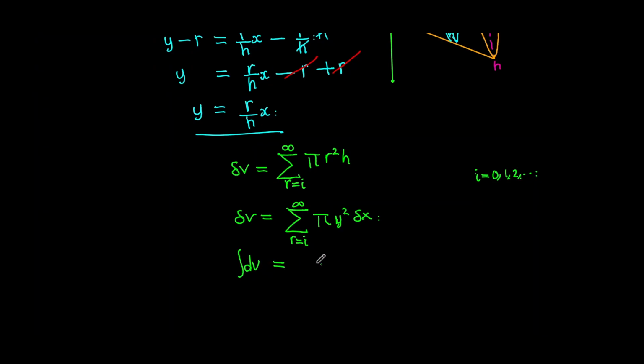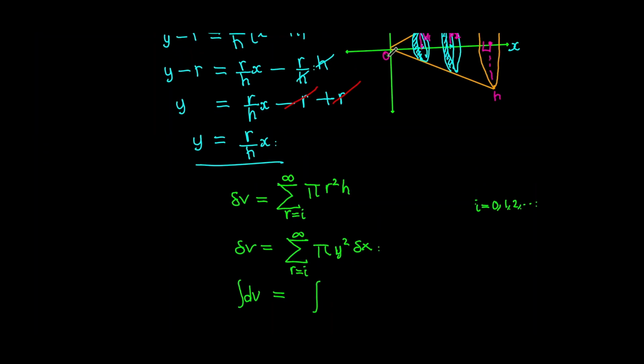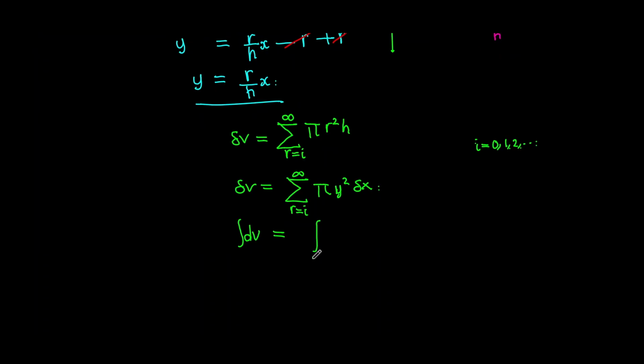So this sigma notation will be replaced by an integral sign, and we're integrating from 0, because as you can see from here, we're starting from 0 up to this h. So we're integrating from 0 up to h, and we have pi y squared, and we turn this delta x to dx.